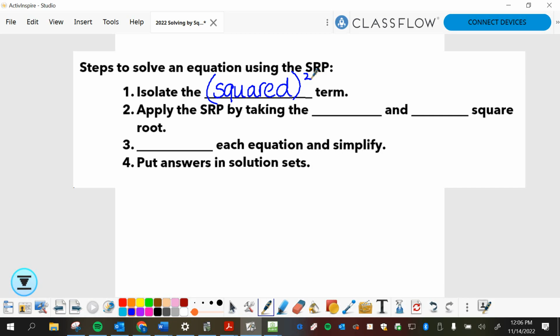Step 2, apply the SRP, the square root property, by taking the positive and negative square root. Step 3, solve each equation and simplify. Step 4, put answers in solution sets.